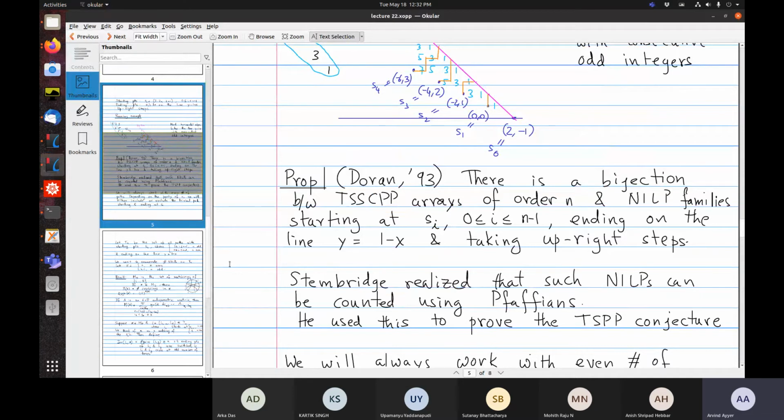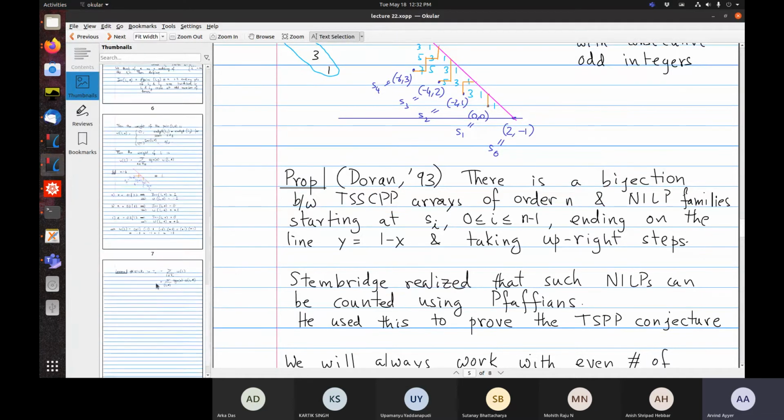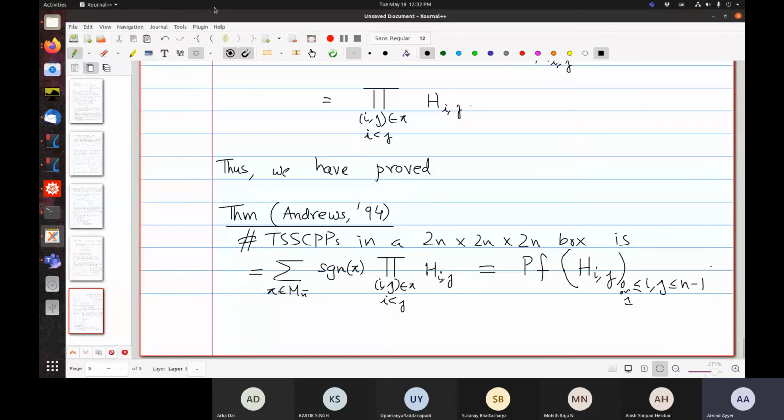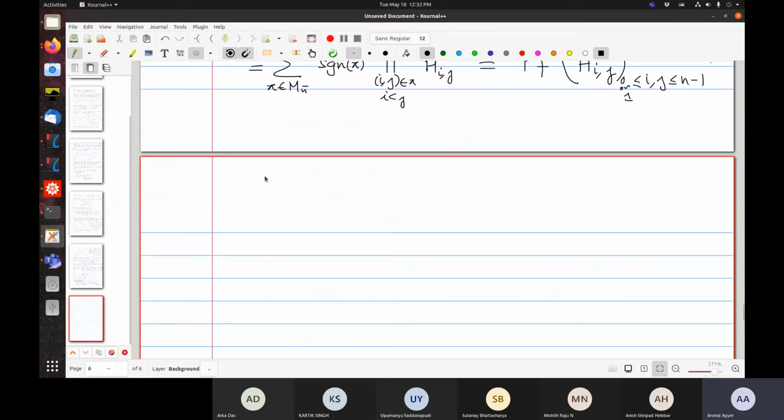This I'm going to leave for you as an exercise. It's not in the homeworks, but oh sorry, wrong sheet. Okay, so here's the exercise. Show that h_ij here is a double sum.